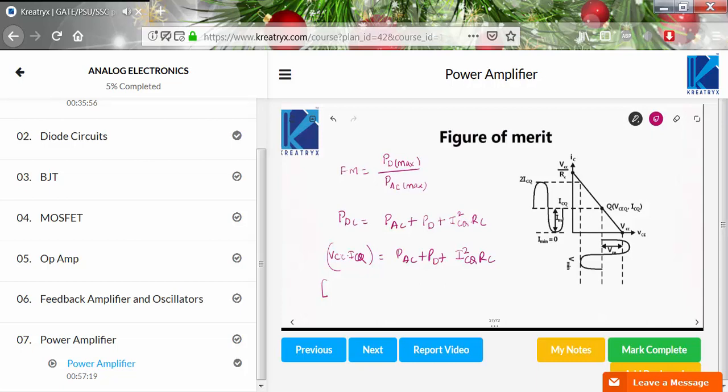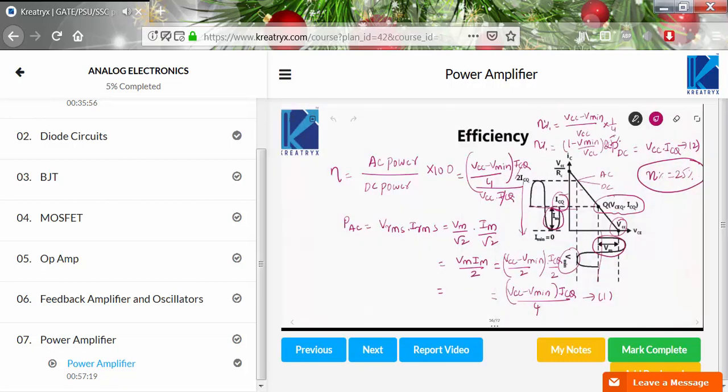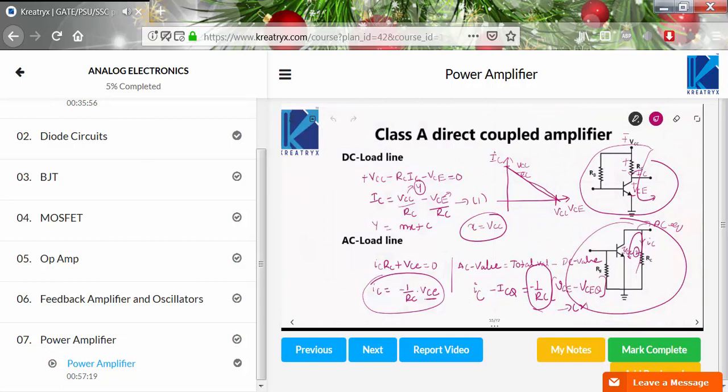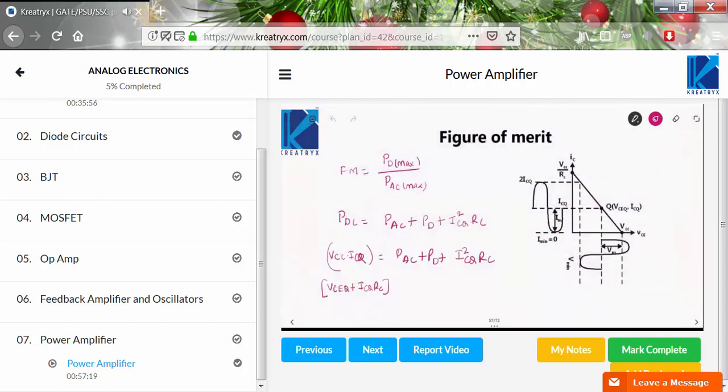Now what is V_CC here? V_CC is nothing but V_CQ plus I_CQ into R_C from the circuit, the total voltage. So (V_CQ plus I_CQ R_C) into I_CQ is equal to P_AC plus P_D plus I_CQ squared into R_C. Here this term cancels. Then P_D is nothing but V_CEQ into I_CQ minus P_AC.